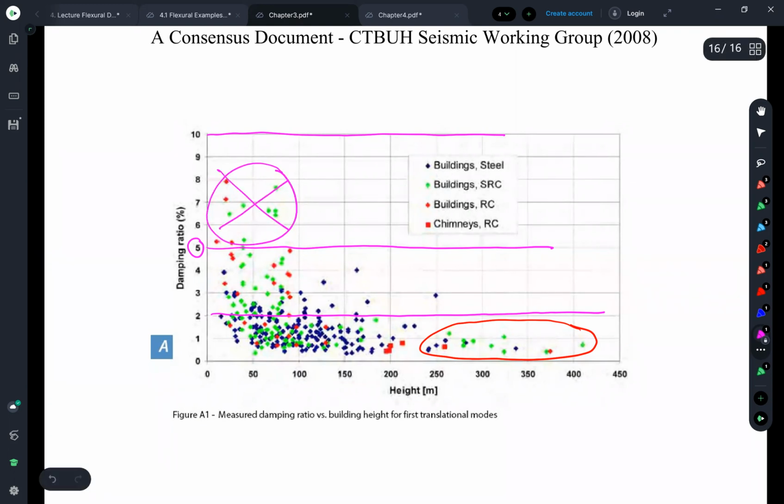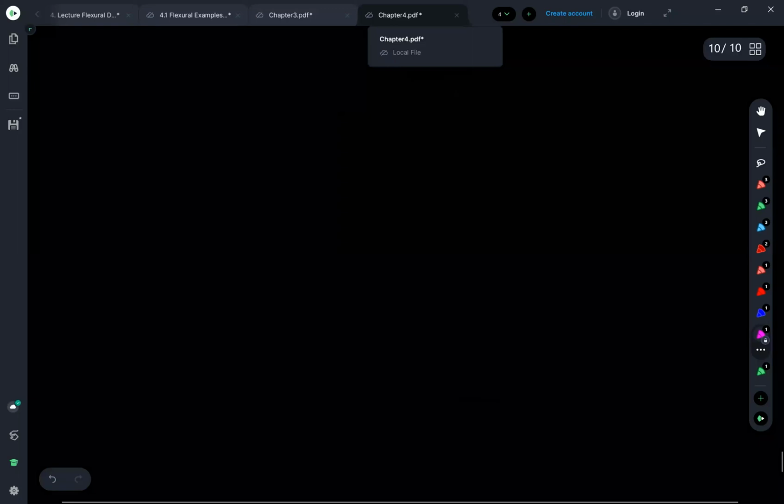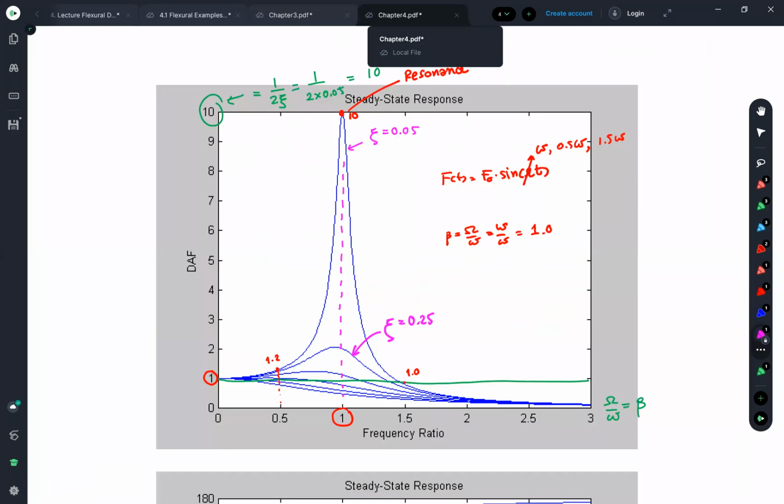Forget about this. The tall building you are talking about is something like this, a height of 200 meters or above. So most of them are like this, just 2%, 1%, 3%. This one I plotted for you is 5%. It's already high, but it showed 10 times the static displacement.